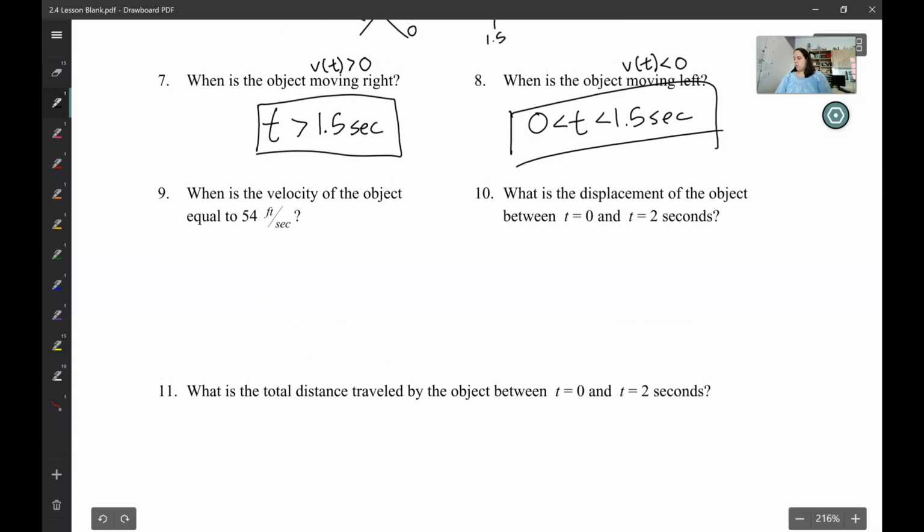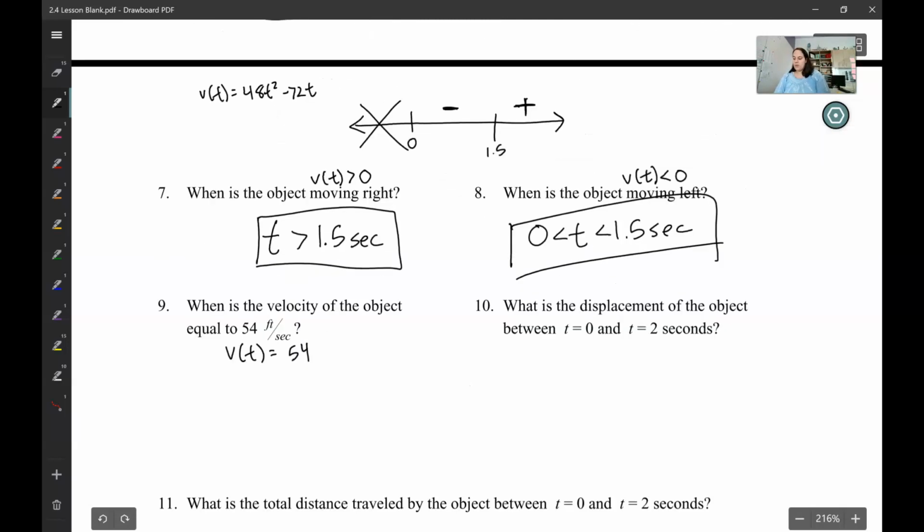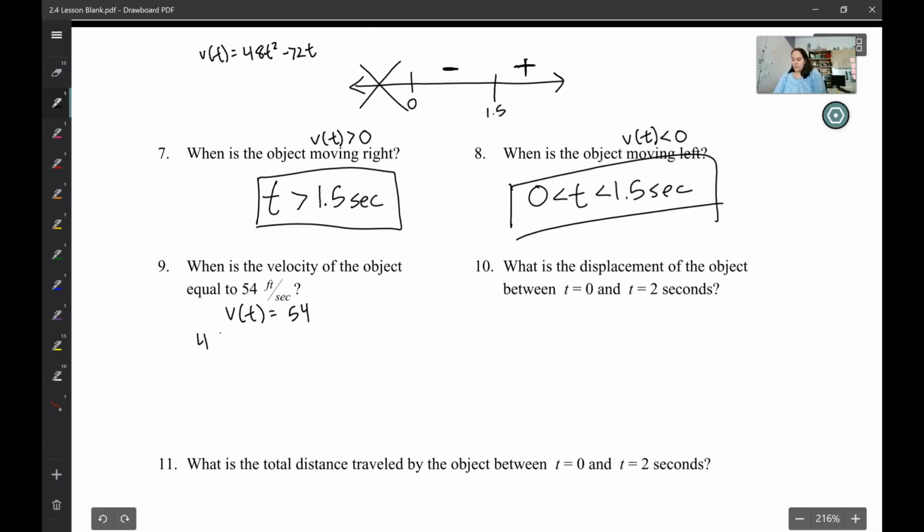Okay, when is the velocity of the object equal to 54 feet per second? So this is saying, when is v of t equal to 54? So I can take my v of t equation, 48t squared minus 72t, and set it equal to 54. Now to solve this, I need to bring everything to the same side, so then I can factor it.